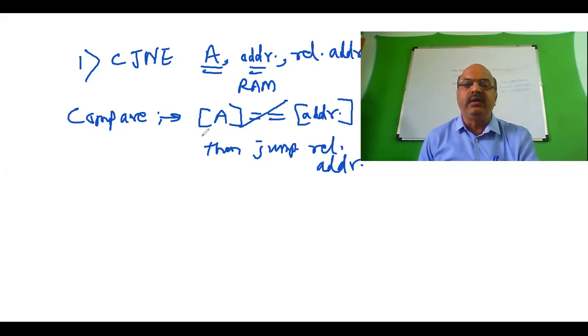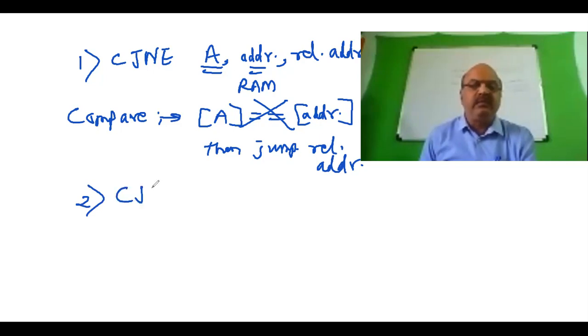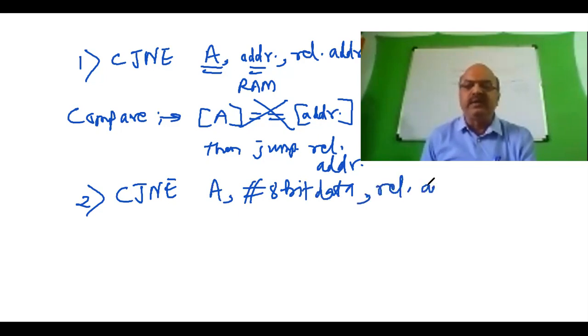So here, if data in A is not equal to data in the address, then jump to the relative address. That is CJNE. A variation of this CJNE is: one data in the accumulator and the second data directly mentioned as 8-bit data in the instruction itself, and then take the jump to the relative address.